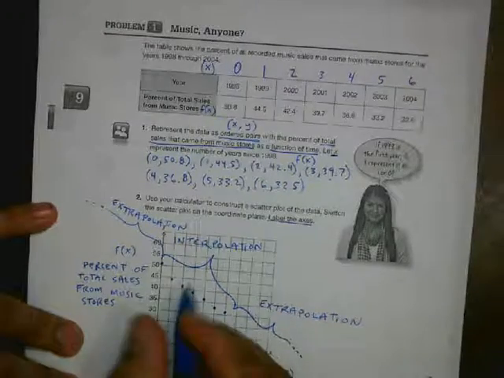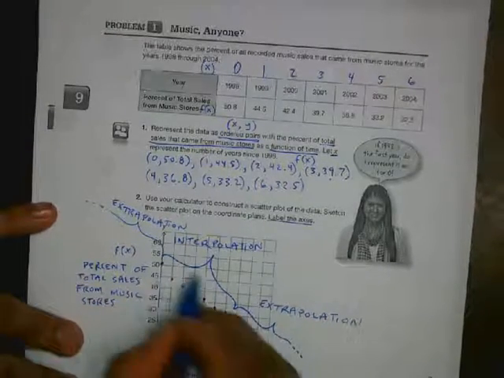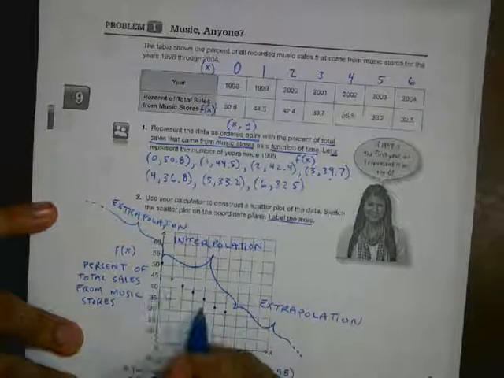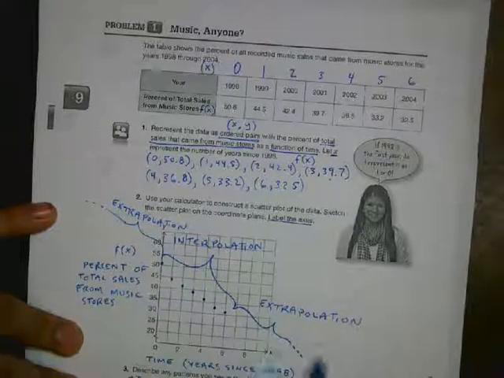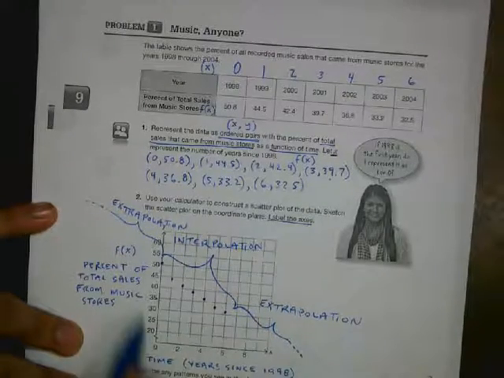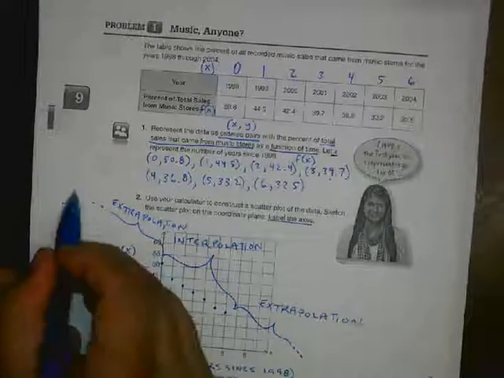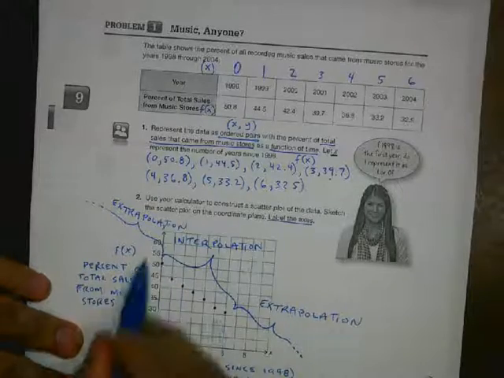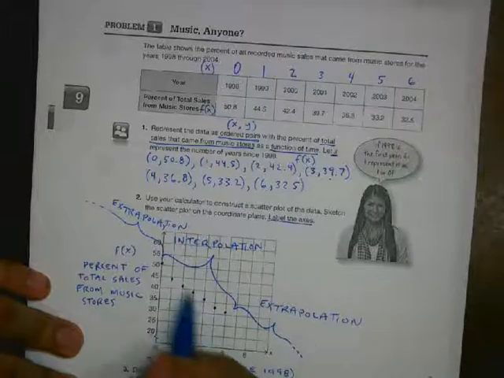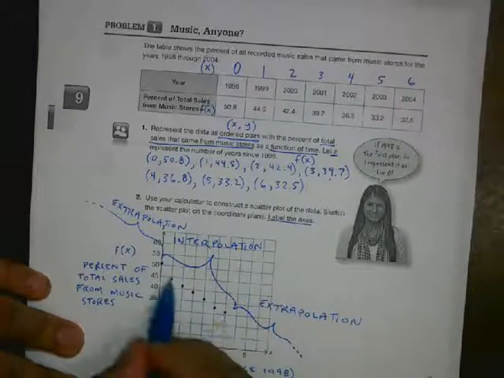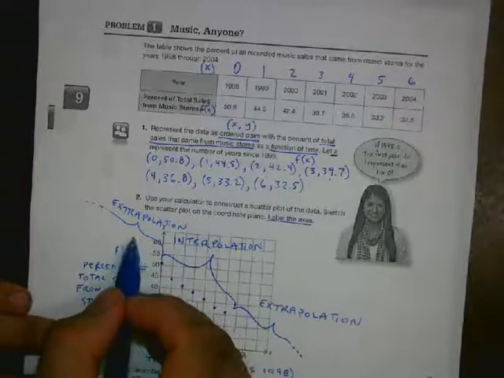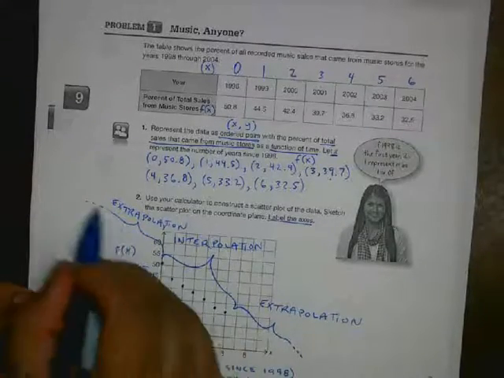So interpolation is within the data set. And what we did previously, those calculations, they were all within the data set. Now we're looking at going into the future where there's no data. So that's extrapolation. Or we're looking at going into the past. If this was populations and we wanted to know what was the population in the past based on this displayed data, we create an equation and then work it backwards, and we would predict maybe this was what happened.